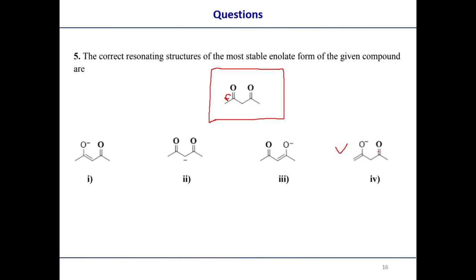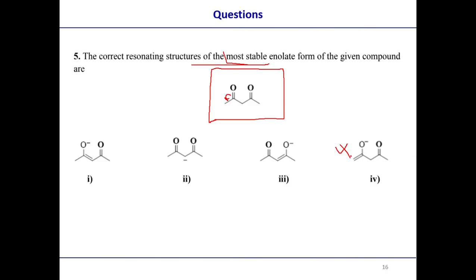But here you can see this is not in conjugation with this double bond compared to the other structure. You have to compare the structures, because they have asked for the most stable one. This is also a resonating structure, but it is not as stable compared to the other structure. So this is ruled out.